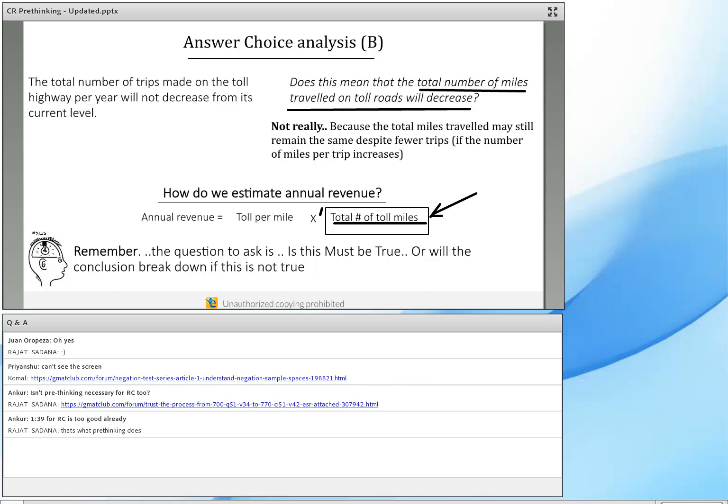And I'm going to write it down over here. Total miles is length of the trip multiplied by number of trips, right?